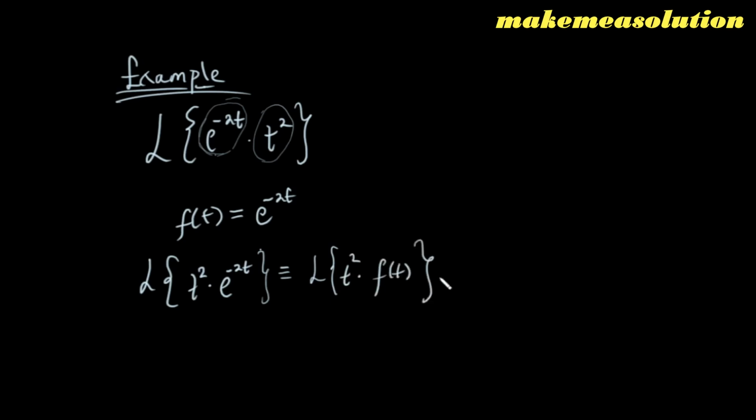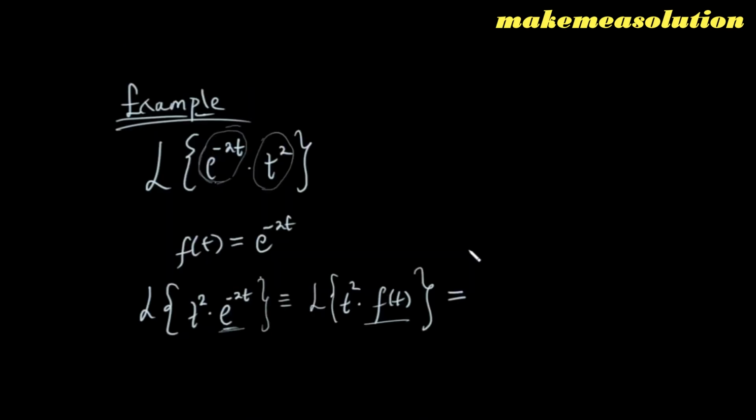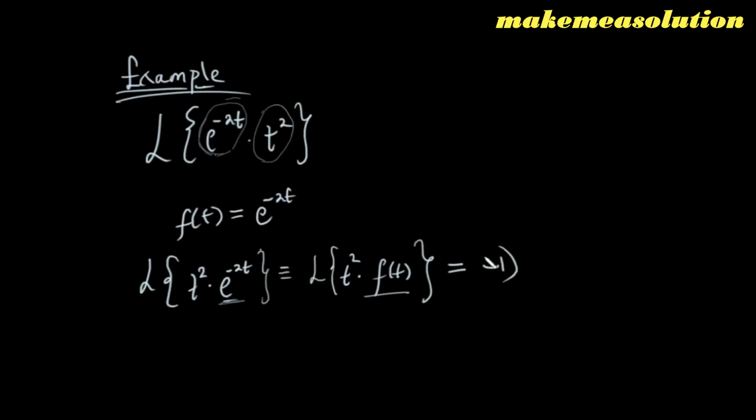So it means that in this case, if I'm using this as my f of t, what I'm going to do is differentiate according to the formula above up here. I'll have my answer as minus 1 raised to the power of n, and n is the degree of t here, which is 2, then d squared F of s over ds squared.